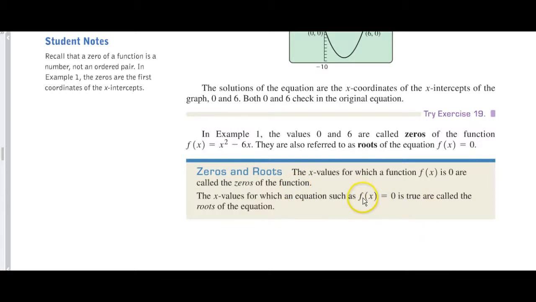This group, we can replace this, we said, with a y equals 0. So when y equals 0, what are the roots of a quadratic equation? And we're going to use the technique of factoring.